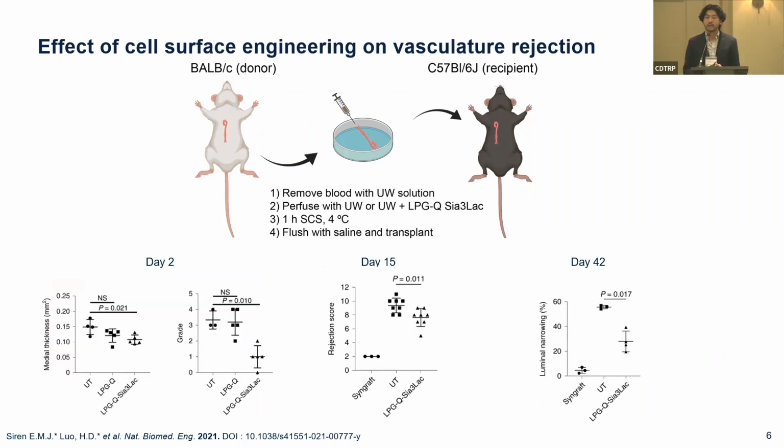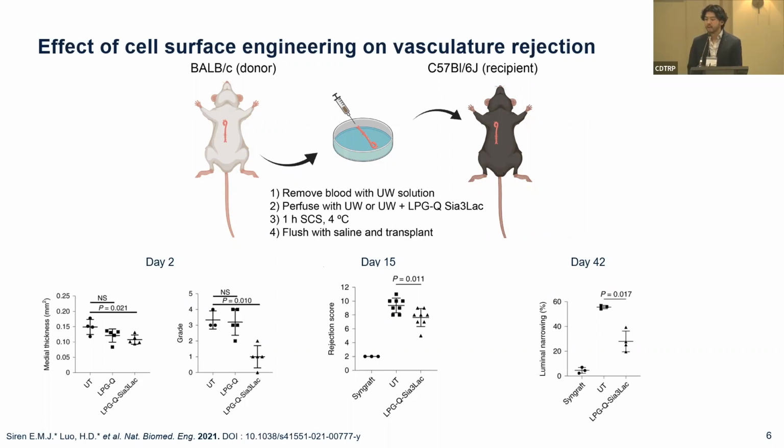So we went through different types of scoring. For day 2, we did medial thickness. We also did grading for leukocyte infiltration and tissue damage. Then at day 15, we did rejection scoring, which is a collection of different grades based on leukocyte infiltration, medial thickness, and fibrin deposition, et cetera, to see how badly the piece of tissue is rejecting.